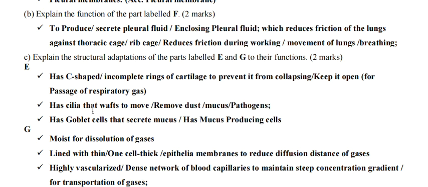Then it has cilia that waft to move or remove dust or mucus or pathogens. Then it has goblet cells, and the goblet cells secrete mucus that helps remove dust particles and the pathogens towards the pharynx.